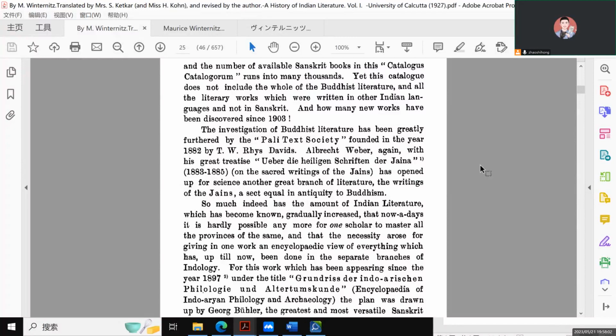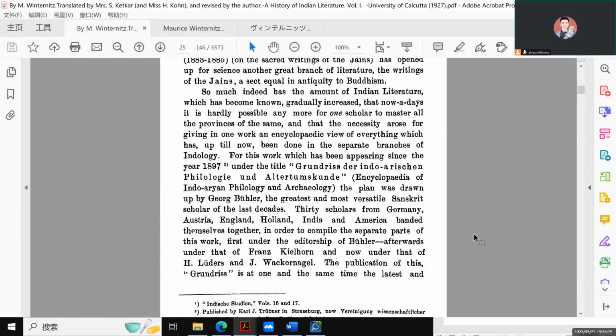And next we'll see a famous society, the Pali Text Society. It still exists in England. I mean, this society is located in England. The main purpose of it is to preserve and study the Pali texts.